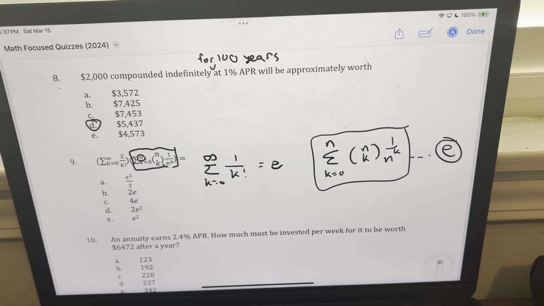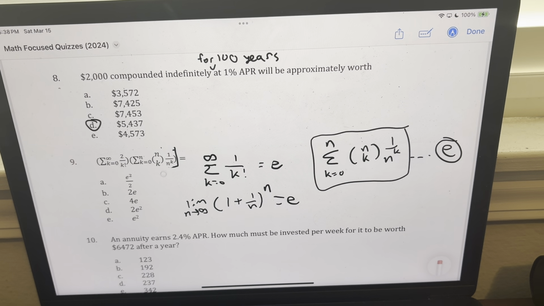But in its essence, it's the way of expressing this, which is if you take the limit as n approaches infinity, that will equal e. And so they just want you to know that. And so they're just showing you that's binomial.